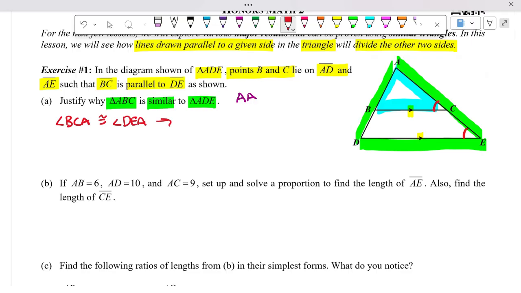So it's 2.3. Tell me what they're called. So can someone tell me what one of them is called?